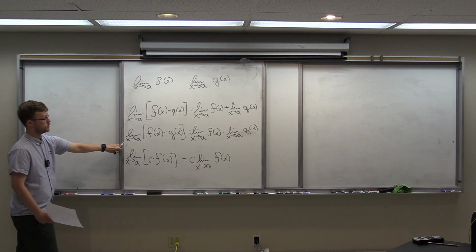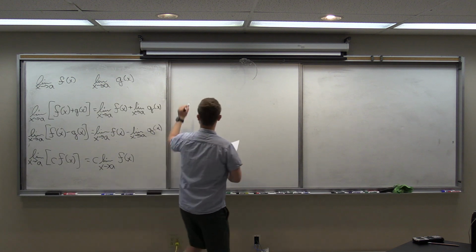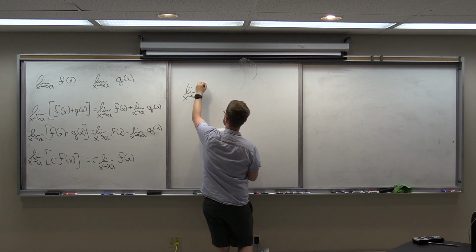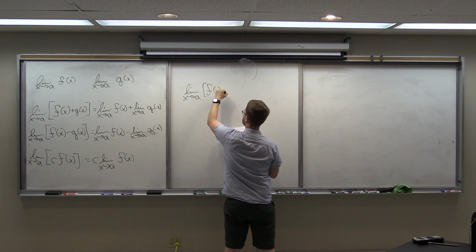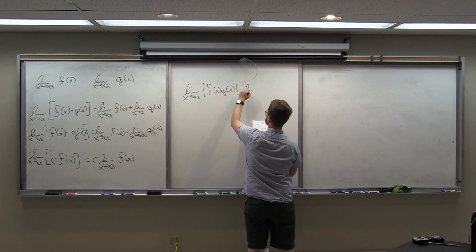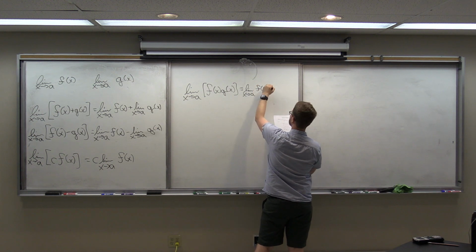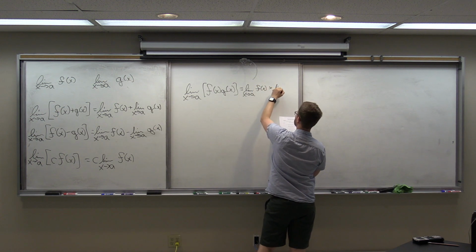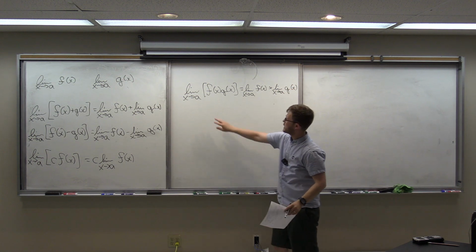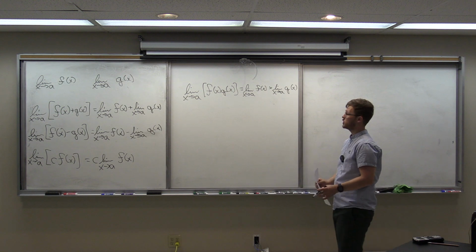Okay, we've got a few more rules. This says that the limit as x approaches a of the product, f times g, multiplying two functions together.